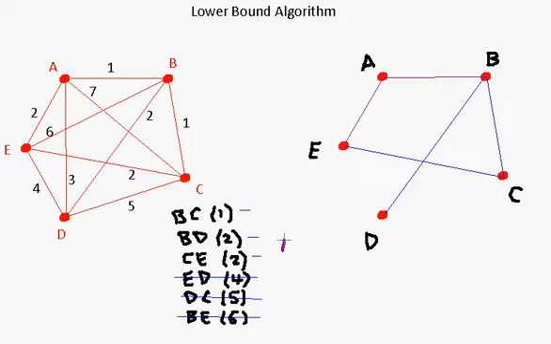We've added back in AB of 1 and AE of weight 2. So the total weight of this minimum connector is 1 plus 2 plus 2 plus 1 plus 2. So 3, 4, 5, 6, 7, 8. The lower bound algorithm has given us a lower bound value for the optimal solution of 8.